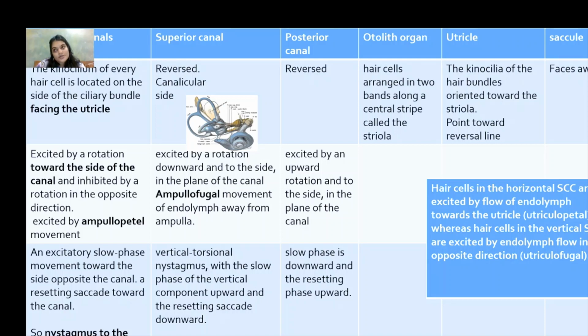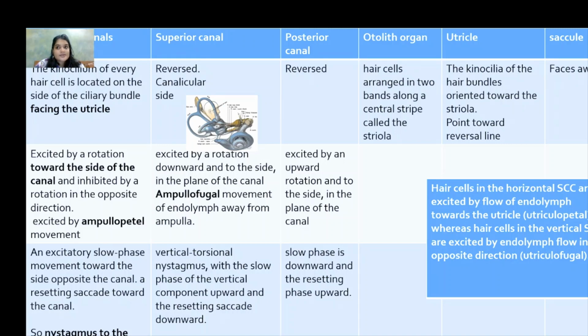The endolymph has to be moving away from the ampulla. When the endolymph is moving away from the ampulla, there is deflection of the stereocilia towards the kinocilium, and it is stimulated. So ampulofugal movement, movement of endolymph away from the ampulla, causes stimulation of the superior canal. And in the superior and posterior canals, you have a vertical torsional nystagmus.